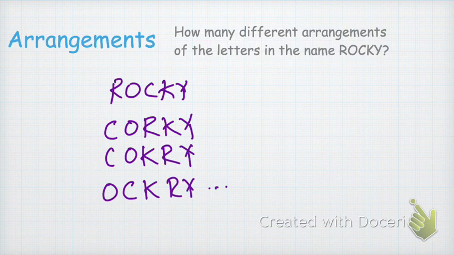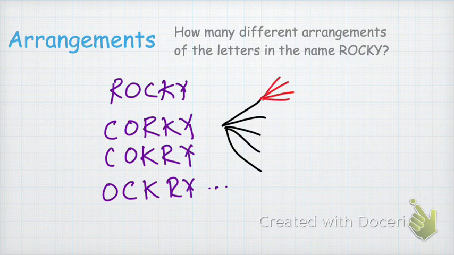So how many different letters could go first? Well, there's 5 different letters that could go first. And then once we've chosen a letter to go first, then there's 4 different letters left that could go afterward, right? And then for each one of these, there are 3 letters left that could come.